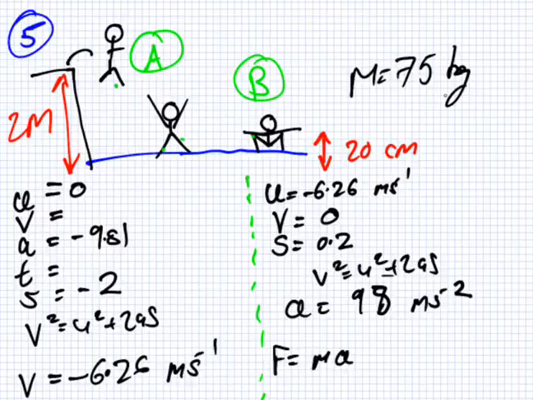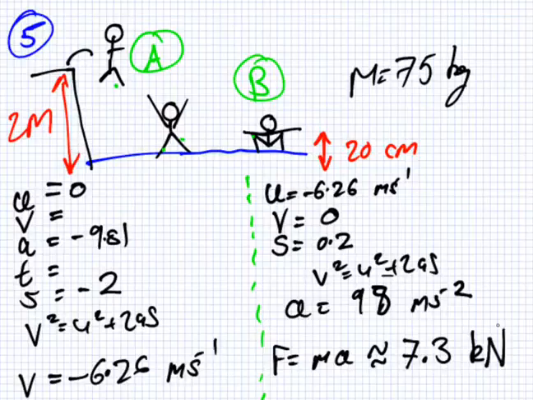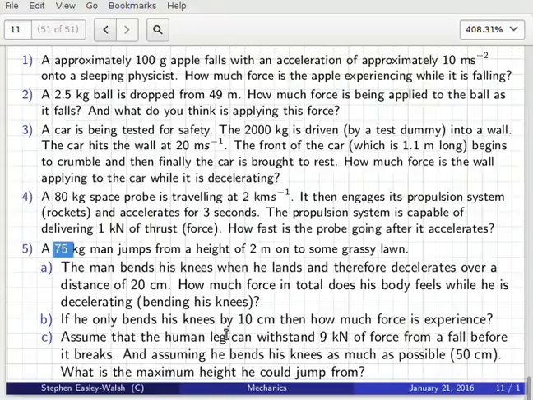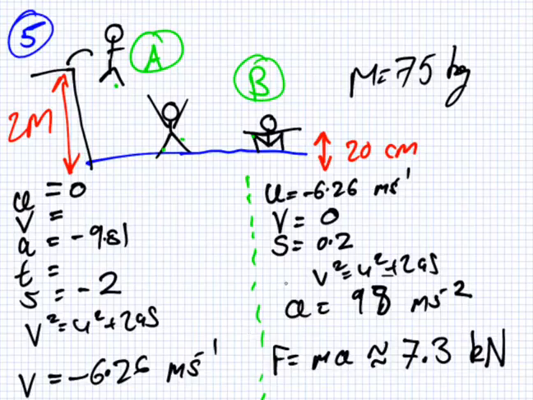So I got the v, and if you want to say down is negative, minus 6.26 meters per second. Okay, so the next part is when he lands on the ground.